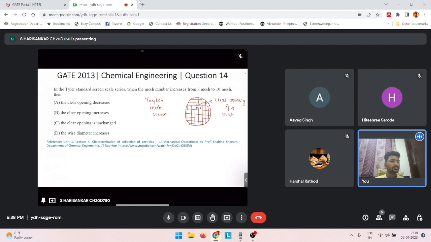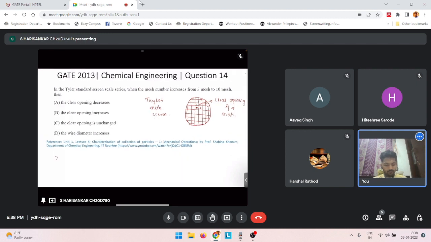So the question here is, when the mesh size is increased from 3 mesh to 10 mesh, what happens to the clear opening, or will it remain unchanged, or will it affect the diameter of these wires that are used for crossing the mesh? Before we proceed, one more thing we need to know is the mesh number.